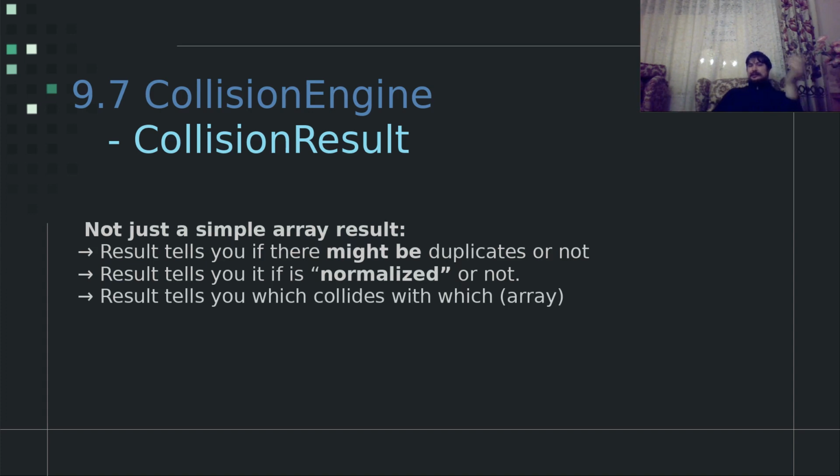And the result also tells which objects collide with which. And this is an array. It's really simple. The fifth array element tells you what indices the fifth object has collided with. So if the fifth array element has another array with 2, 4, and 10 in it, then you know that object 5 has collided with the objects indexed 2, 4, and 10.